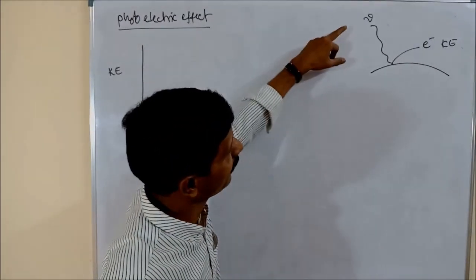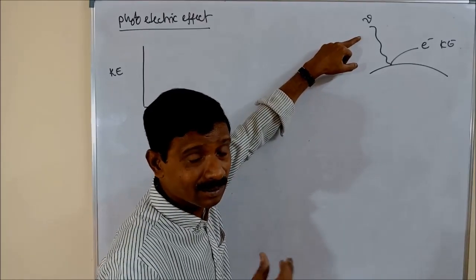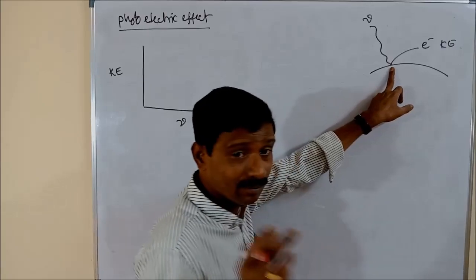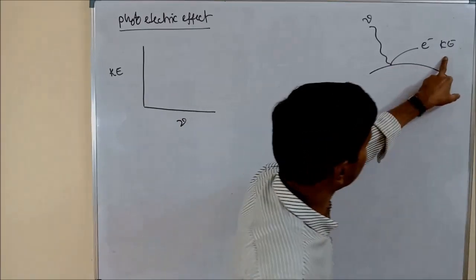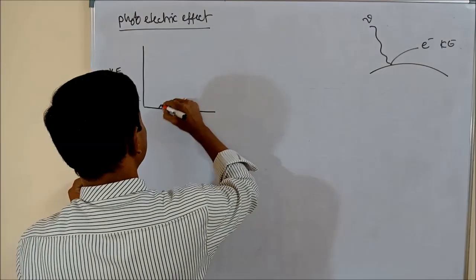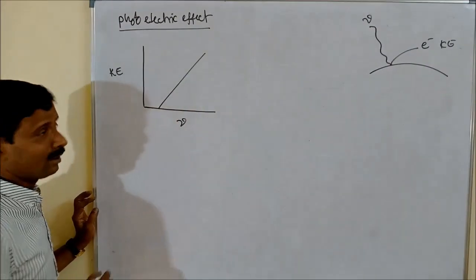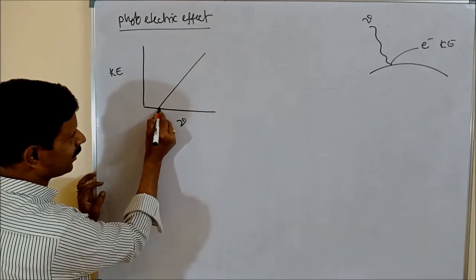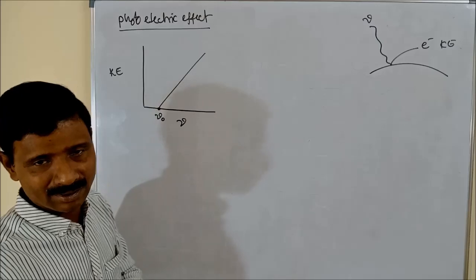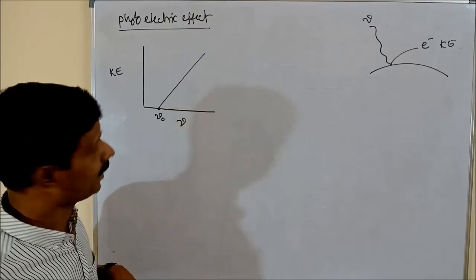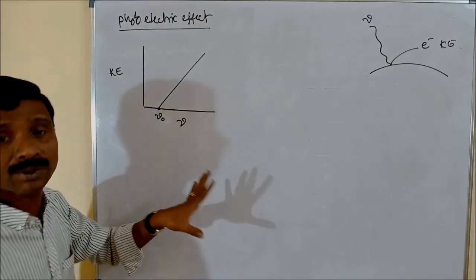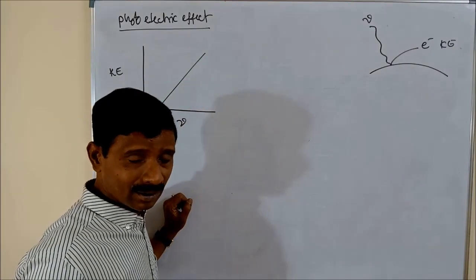So what happens? If you are increasing the frequency, the energy of the photon is increasing. So where the work function is constant, definitely the kinetic energy of the electron is going on increasing. Means here we will get the graph like this. If you observe this intersecting point, this is the minimum frequency we require to remove that electron. So that is called threshold frequency. So like this, kinetic energy depends upon the frequency of the light we are using.